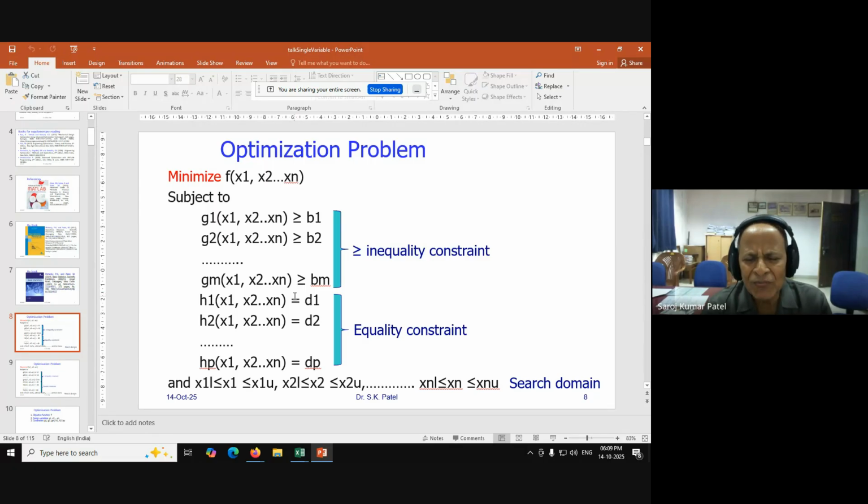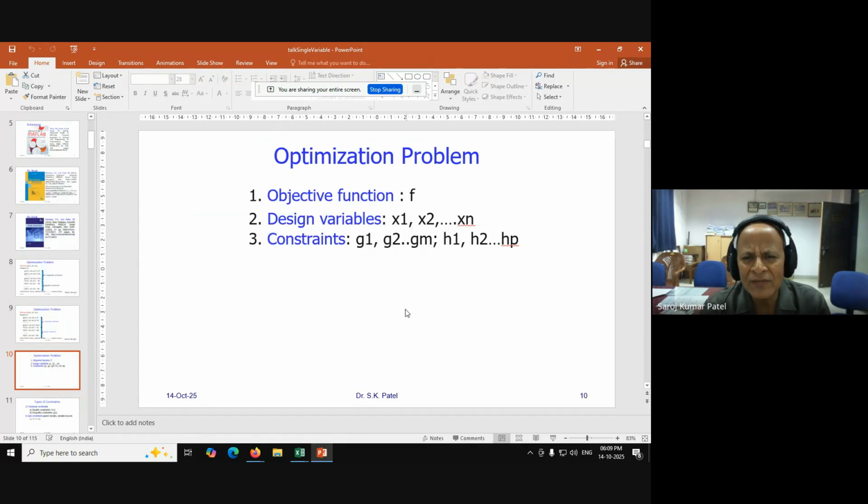So if we can write down a given problem in this format, typically this is called an optimization problem, which is either a maximization or minimization problem. Thus, any optimization problem has three components. One is the objective function, the top line, that we write down as function f of the unknown variables x1, x2 up to xn.